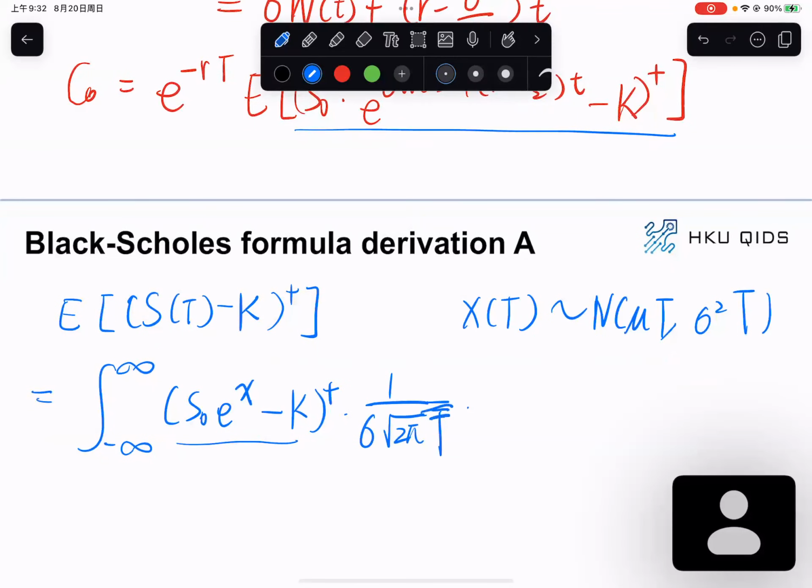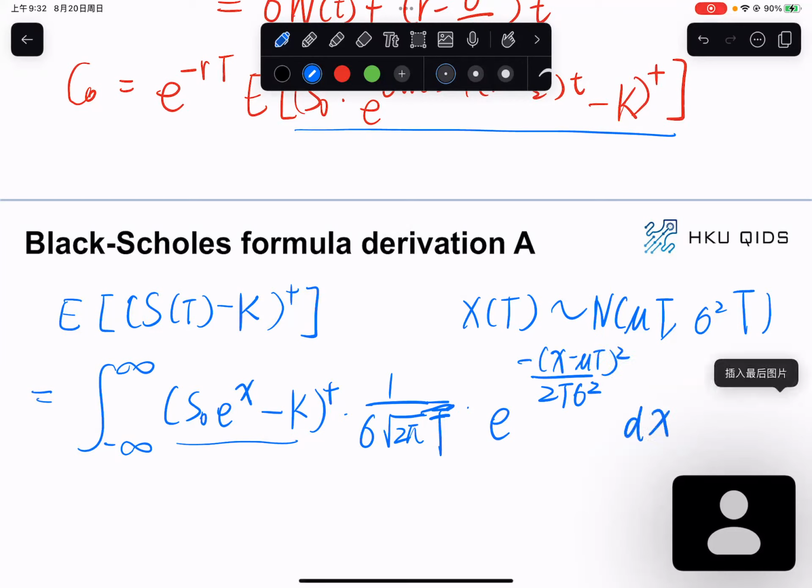The t should be within the square root, okay? And exponential function of negative (x minus mu t) square over 2 sigma square t, dx, okay?